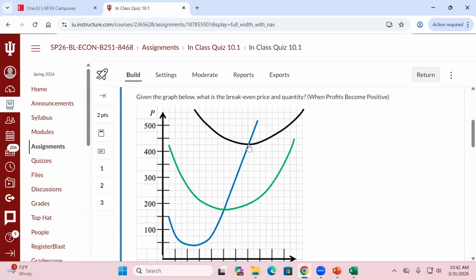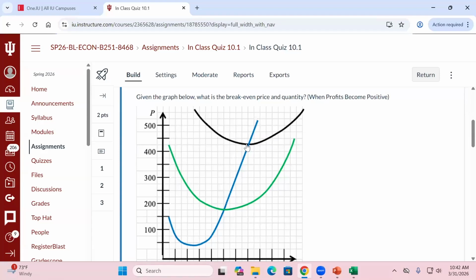So that break-even price and quantity is the price at which we would choose a quantity that is at the minimum point of our average total cost. If marginal revenue, or the price of the good here, was 425, what would the optimal quantity be? It would be where that price or marginal revenue is equal to my blue line, my marginal cost. And at that point, how do we calculate profits?